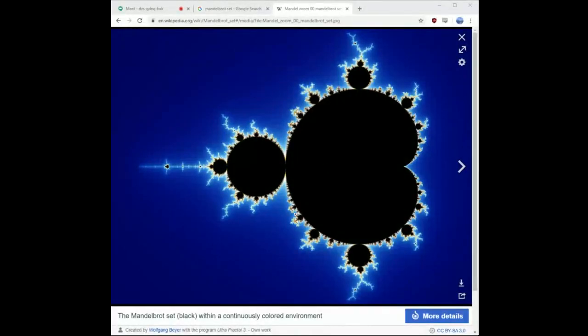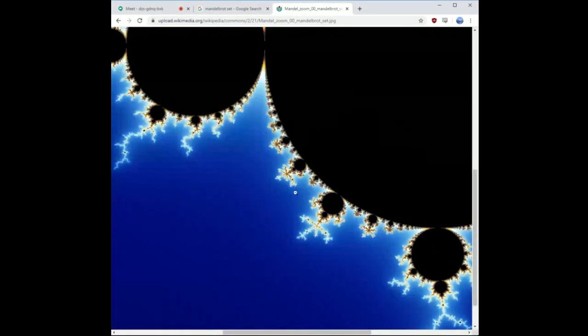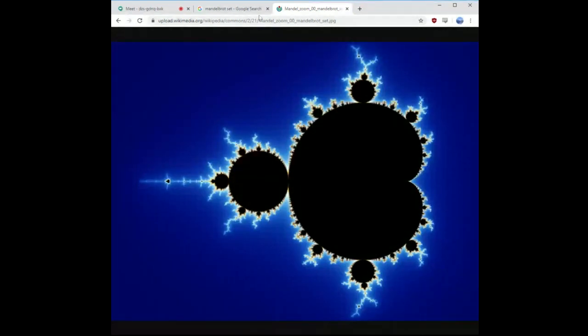Compared to shapes like this one, the shapes that we're studying are very simple. And as you zoom in, this thing is complicated on every scale. No matter how much you zoom in, it's still just as complicated as it was before. So pretty cool shape.